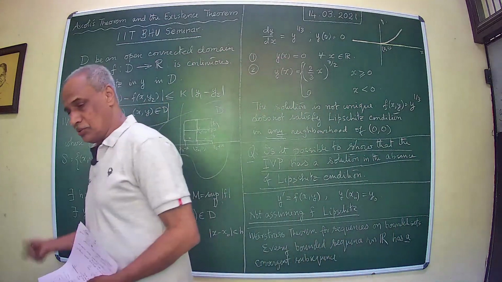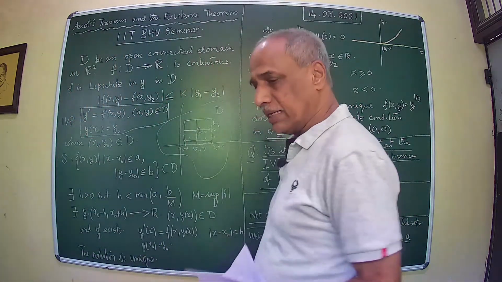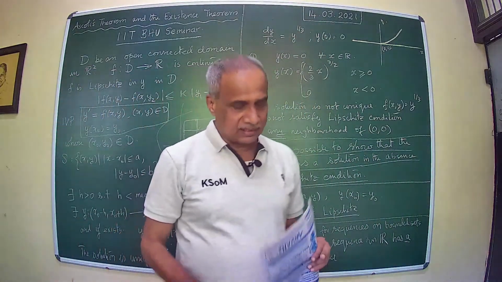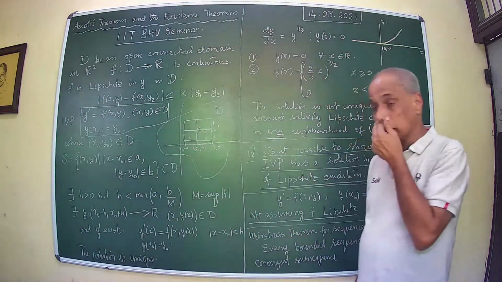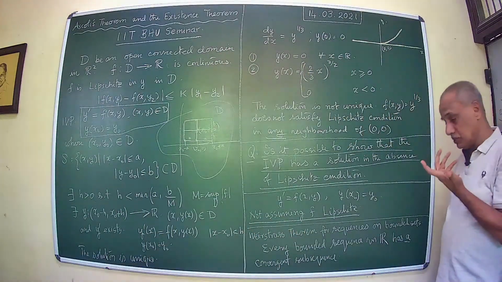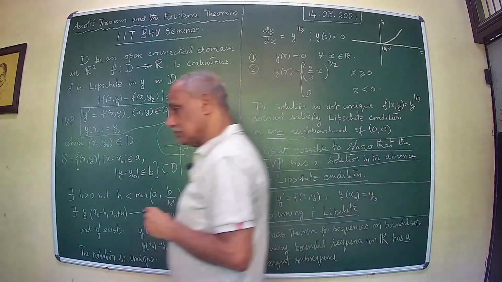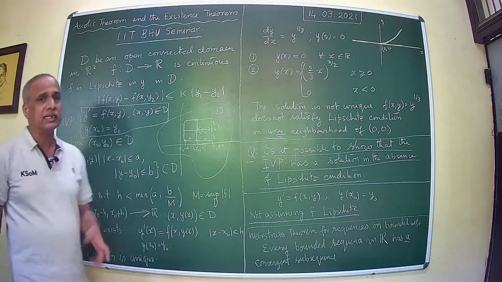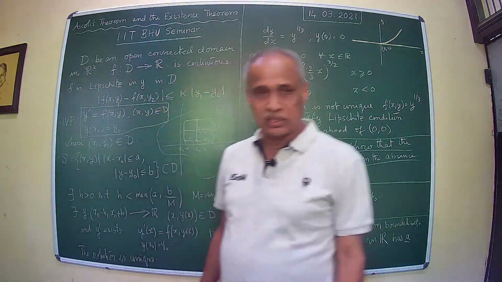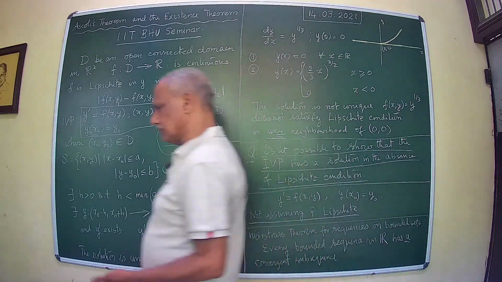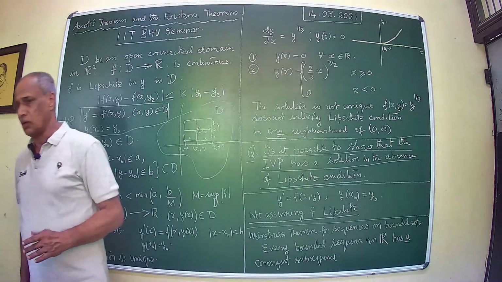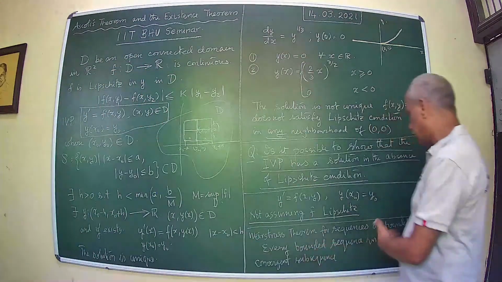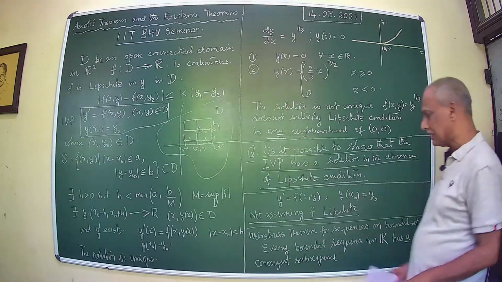Now I am not going for a deeper discussion of that, but you can see that if you were to take the open interval (0, 1) and then consider the sequence 1/n, it has no convergent subsequence. The sequence itself does not converge in that set. The reason is that it is not a closed set, although it is bounded. Similarly, you can work out an example to show that all these conditions are equally important.